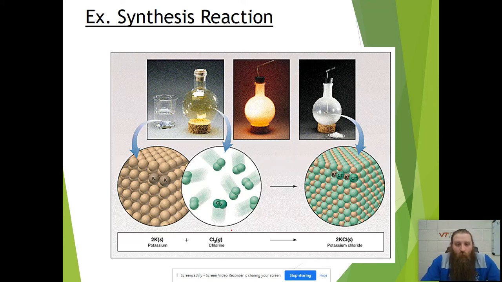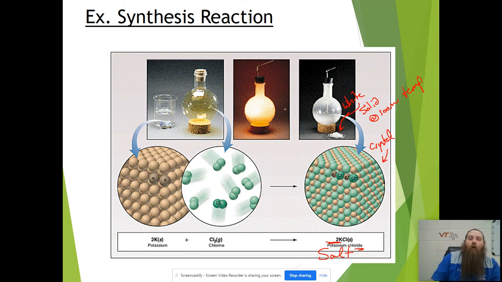Here's a great example of a synthesis reaction. Potassium and chlorine making potassium chloride. So this is a salt. I know it's a salt because I have a metal and a non-metal bonded together. You can see that this has that really nice crystal structure. It's white and solid at room temperature.